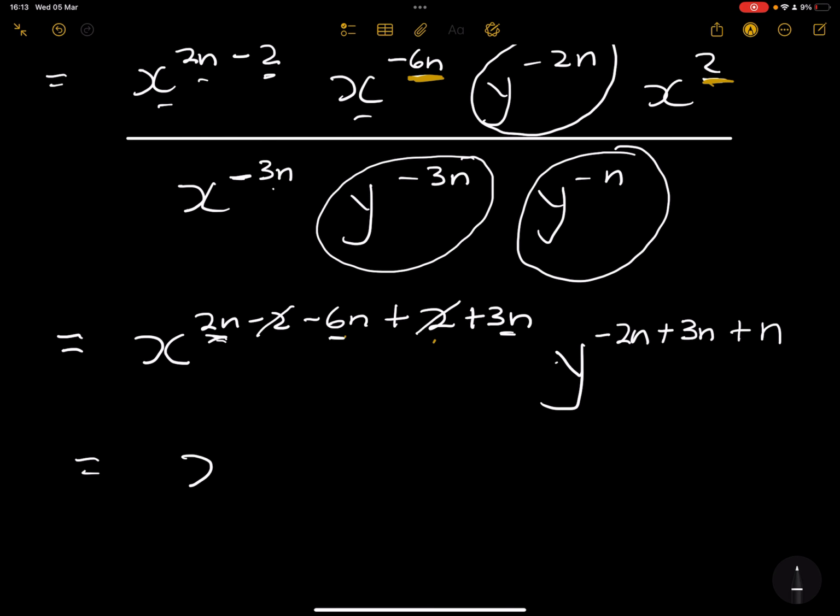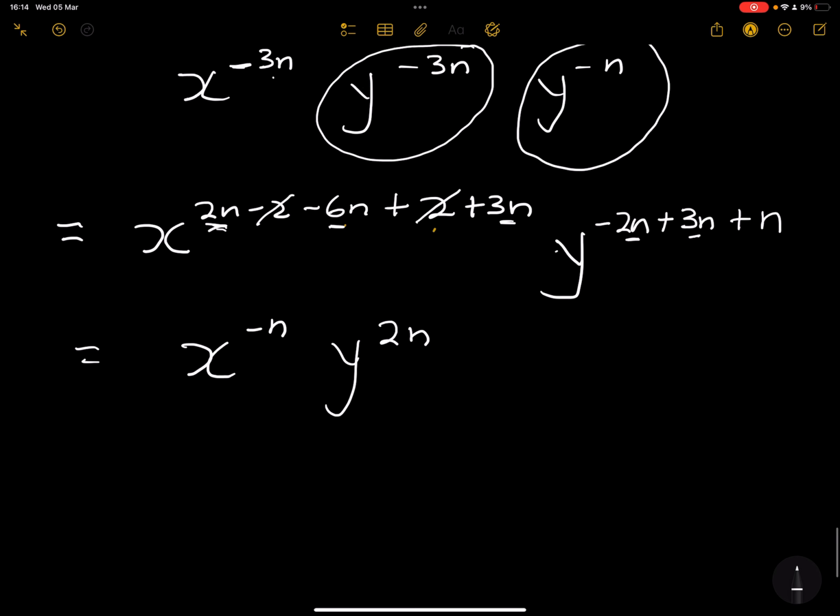That will give us x to the minus n, okay, and y. In this case, we've got minus 2n plus 3n, which will give me positive n, plus n, that will give me positive 2n. Well, we can leave it in that format, and nothing wrong with that.